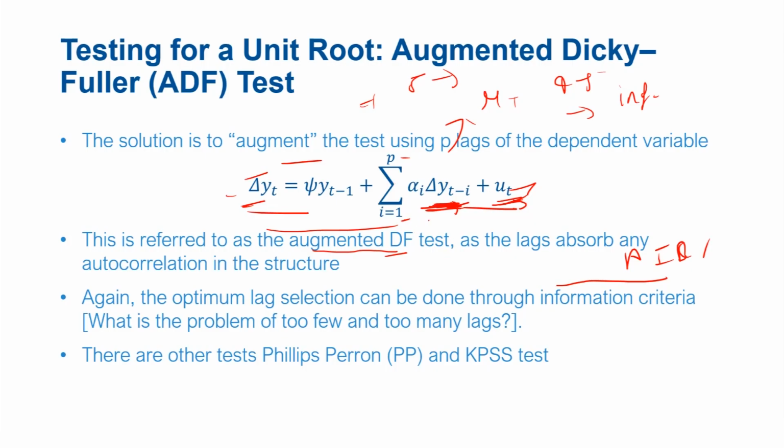Why is this important? If you choose too few lags, a very small number, then the serial correlation that we want to absorb in this delta yt process will not be absorbed, and mu t will still be autocorrelated. If you use too many lags, it may absorb the autocorrelation, but again it will require more parameters, more alphas to be estimated, and this non-parsimonious model will introduce noise and soak up a lot of degrees of freedom, that is the number of observations available to you to estimate the model.